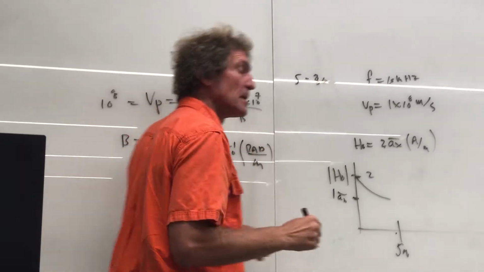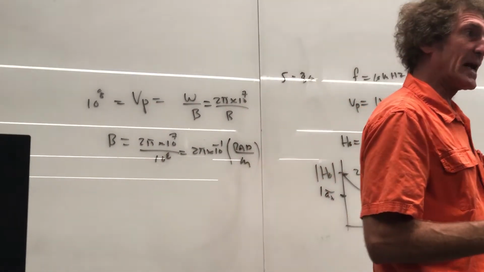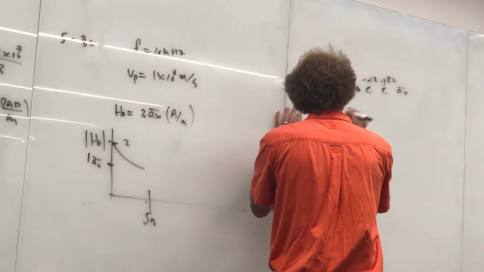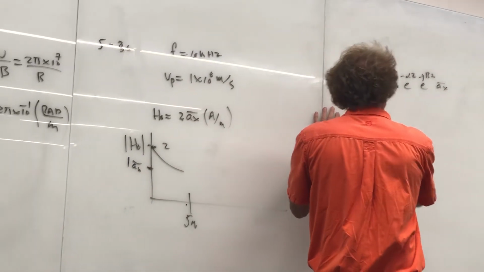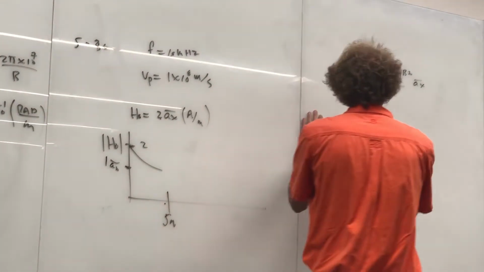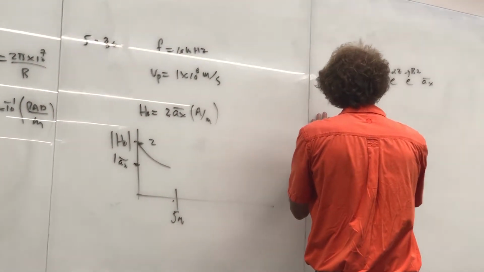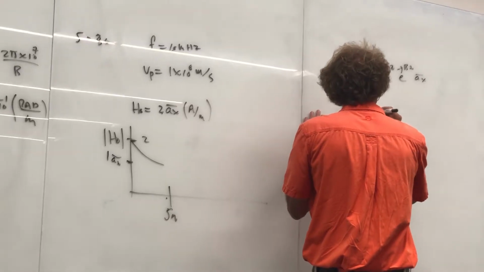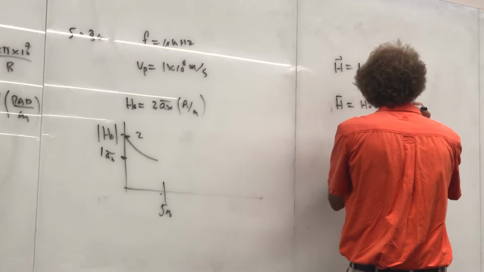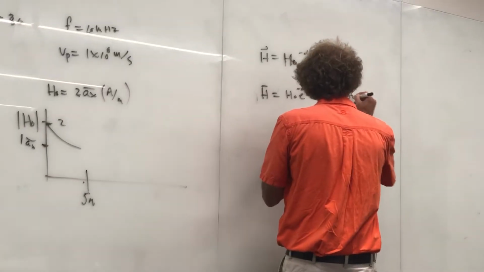So I've got beta. Now to get alpha, I can take the magnitude. This is in the phasor domain. Do you all agree with that? If we want it in the time domain, H would be equal to H0 e to the minus alpha z times cosine of omega t minus beta z.